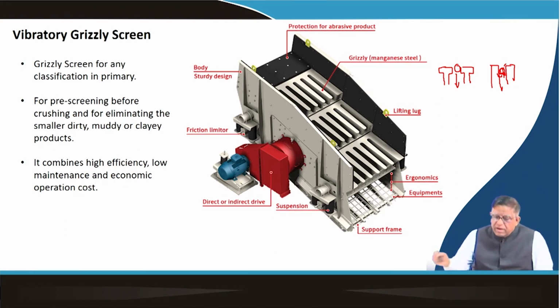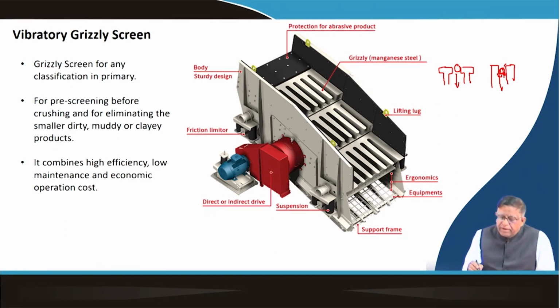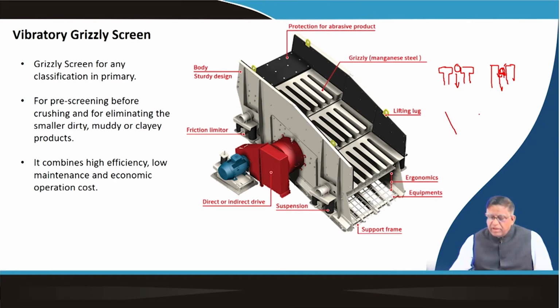Normally what you can find is that when a truck comes over there, when your truck is loading onto a hopper, suppose you have a gyratory crusher placed over here. Now, the hopper where the material is placed is fitted with a grizzly.